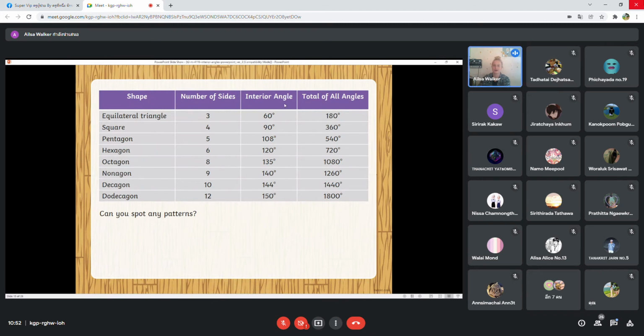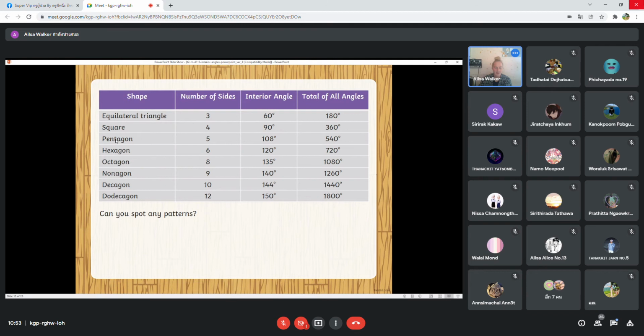So all the angles in an equilateral triangle total 180. A square or a quadrilateral shape, all the angles are 90. So what does that equal? 90 multiplied by 4? 360. Yes. So in a square, all the interior angles make 360.